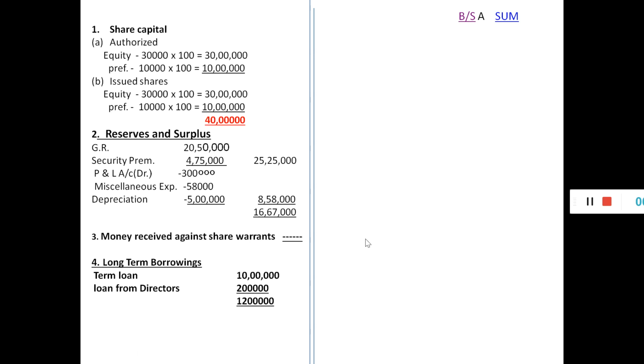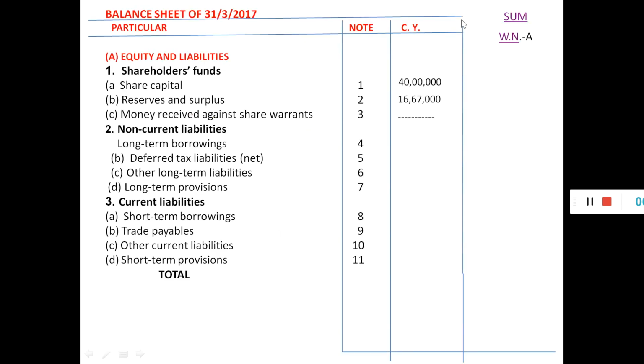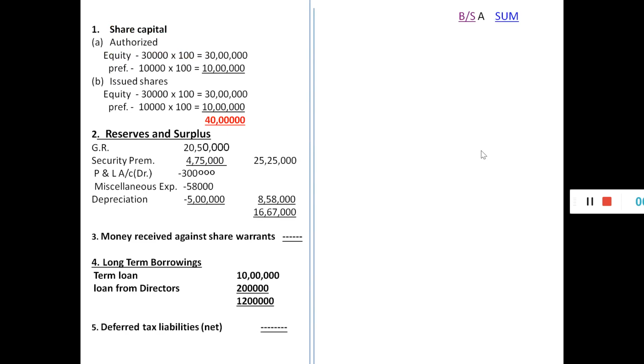Total, sorry, 10 lakhs plus 2 lakh, 12 lakh will be shown in the balance sheet. 12 lakh. Deferred tax liability, no item is there. Other long-term liability, no item is there. Note number 7, long-term provisions, no item is there.